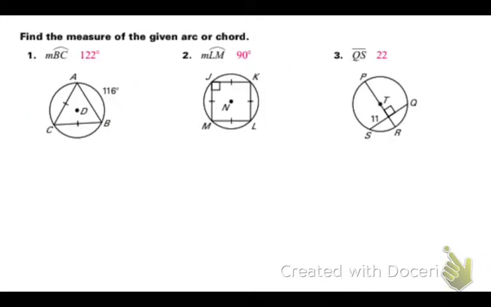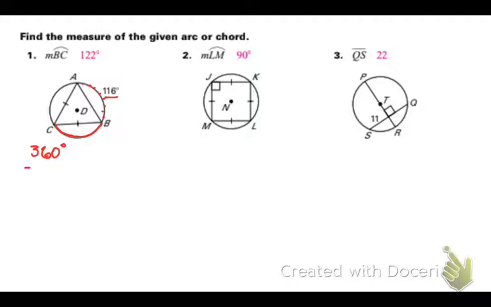Okay, find the measure of the given arc or chord. Here, you're asked for the measure of BC, and you're given the measure of AB. The key thing to remember here is the total number of degrees in this circle is 360.